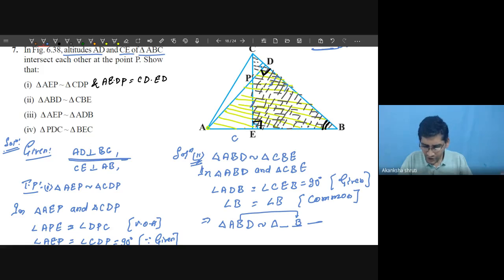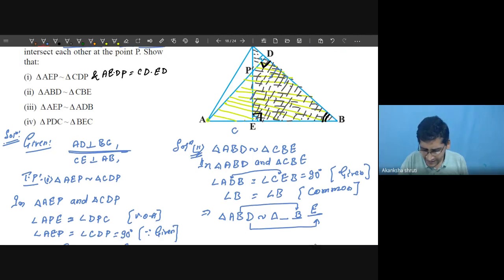If we are not able to allocate, then what have we proven? This D is matching with E. During the proof we have written the angle at D was the same as the angle at E. Wherever D is there, corresponding to that on the right-hand side you have to write E. Obviously, whatever the left one, that you have to take.